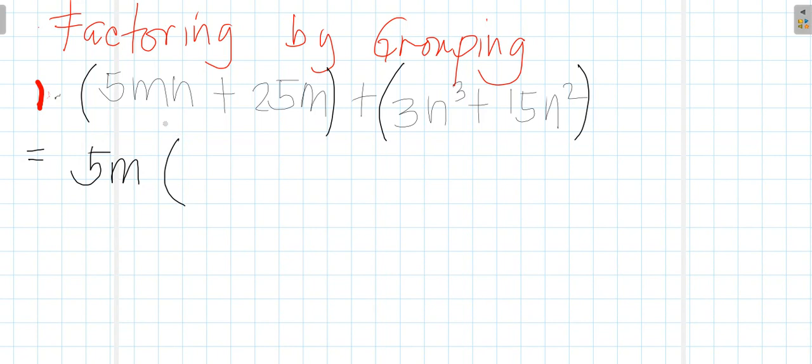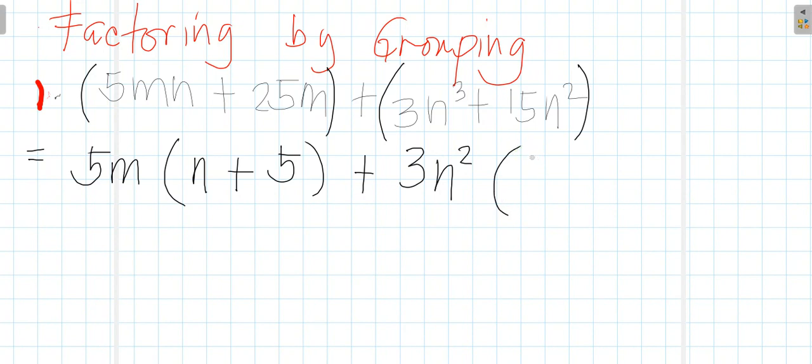Then divide 5mn divided by 5m is equal to n, plus 5. So the last two terms, the common factor or the GCF is 3n squared.